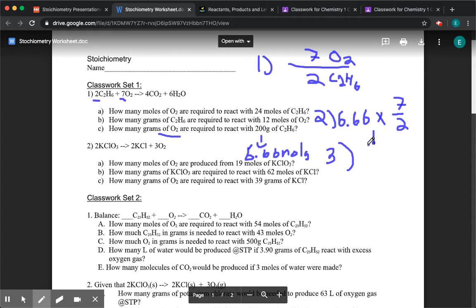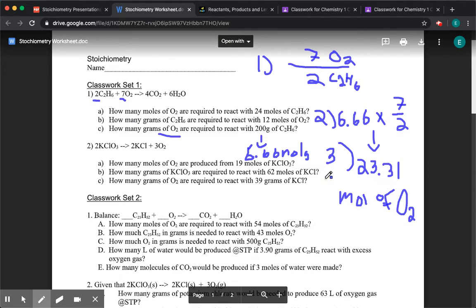So our final answer here is 23.31 moles of oxygen. This is not our final answer, but this is what we get from the recipe. This is not our final answer because they want grams of oxygen.